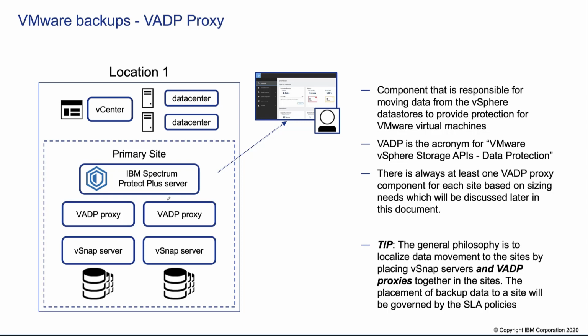Again, you don't want the VADP proxy reaching across sites to pull data from a remote location into a vSnap server. At least you don't want that to be your plan A.